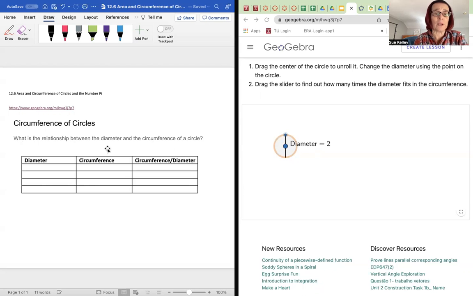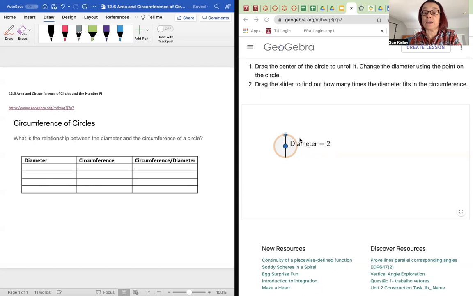Now we want to find out the relationship between that and circumference. Circumference is similar to perimeter in other shapes, but in circles, we call the distance around the outside of the circle the circumference. So that's what we're talking about here.